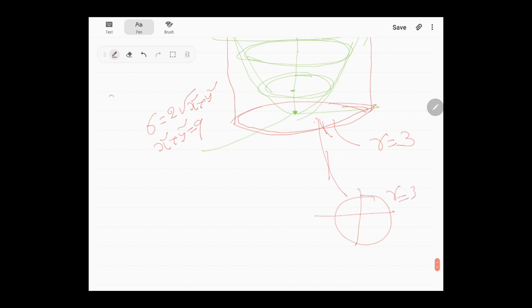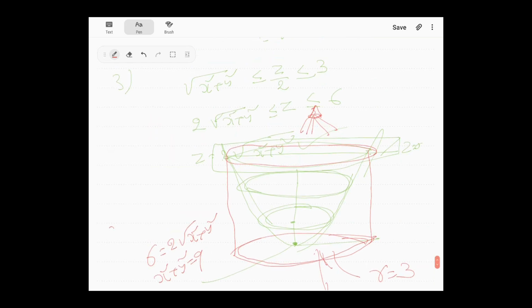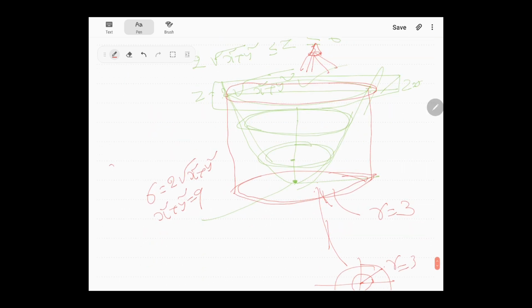In this, if I take any r values, r varies from 0 to 3, and theta varies from 0 to 2 pi. So we know the limits for r and theta. 0 to 3 are the limits for r, theta limits are 0 to 2 pi, whereas z limits are from the cone to the plane. So what is the value of z here?